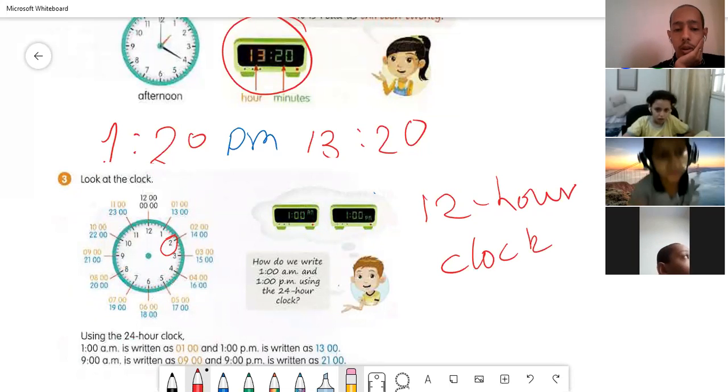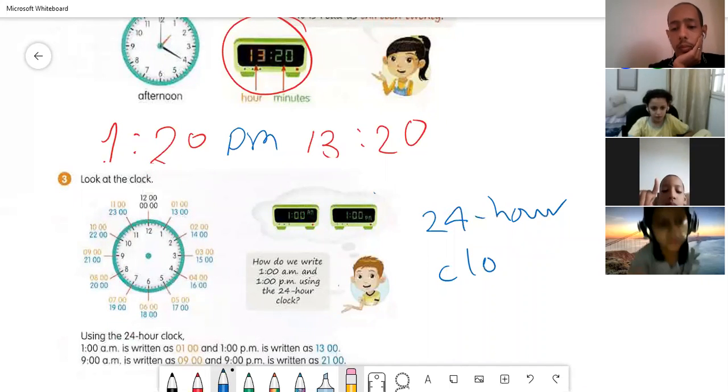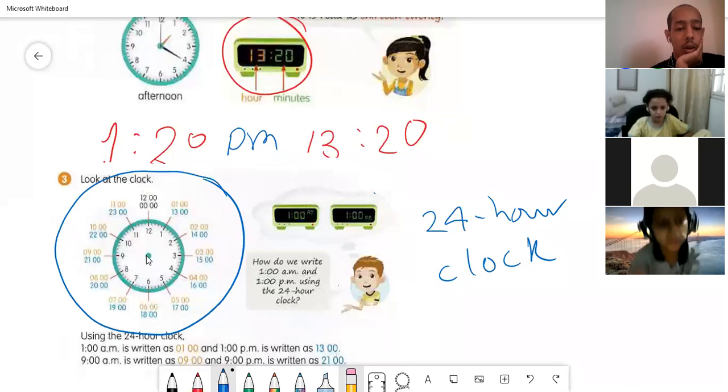But what about the 24-hour clock? How to say the time in the 24-hour clock looking at this kind of clock?